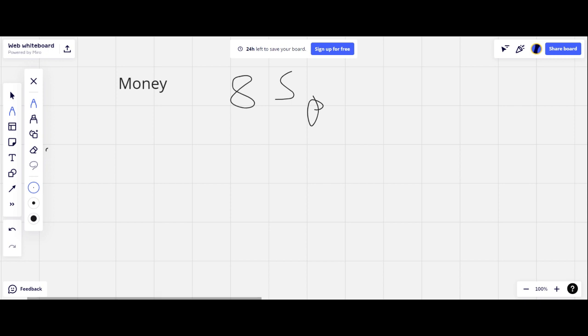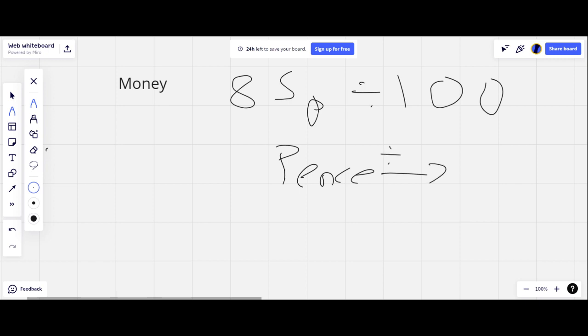Because when we convert from pence to pounds, you divide by 100. It's always divide by 100. So pence to pound is divide by 100.